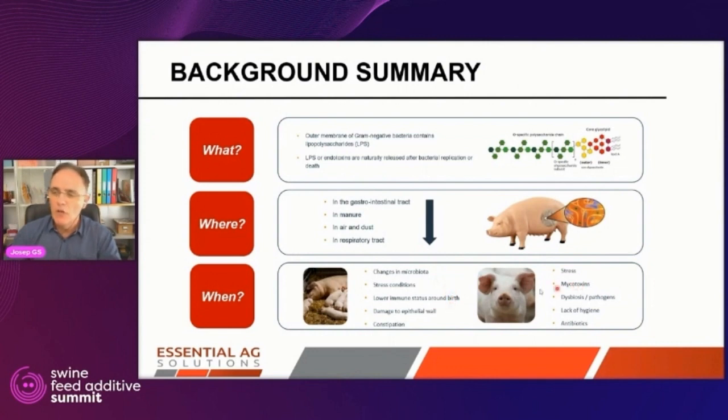For example, when you have other components like mycotoxins or stress, you may have some damage in the integrity of the gastrointestinal wall, and that will increase the absorption of endotoxins into the systemic circulation, into the blood, and then of course they can go to other organs. And when you use antibiotics, you kill the gram-negative bacteria, which is good, you control it, but at the same time, because of the breaking of the cell wall, there is an increased release of endotoxins.